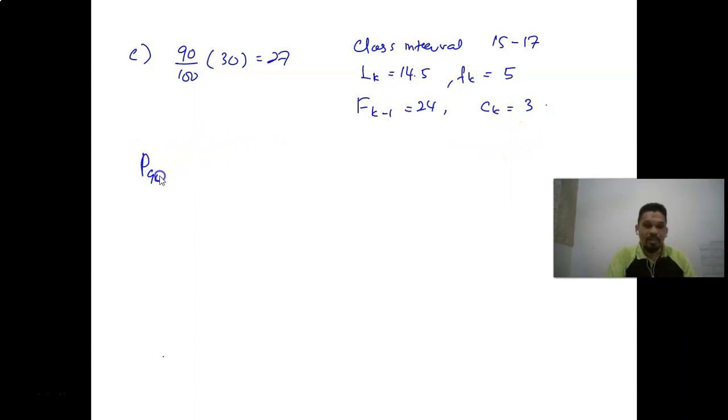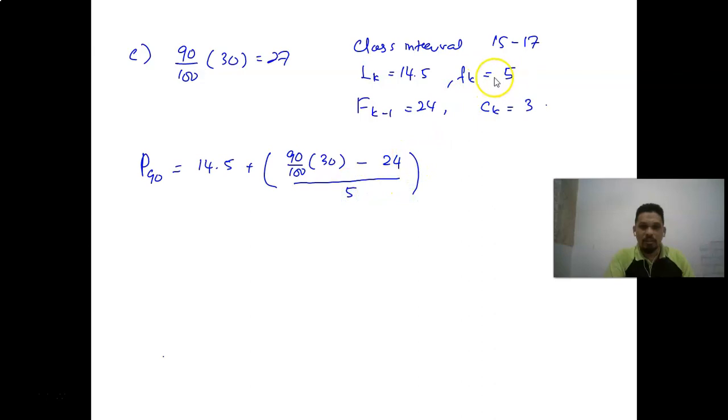So the 90th percentile equal to 14.5 plus 90/100 times 30, the number of data, minus 24, the cumulative frequency of the class before that, and divide by 5, the frequency of the class of the 90th percentile.